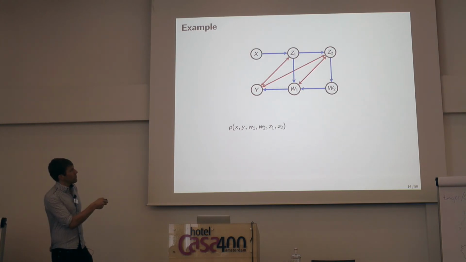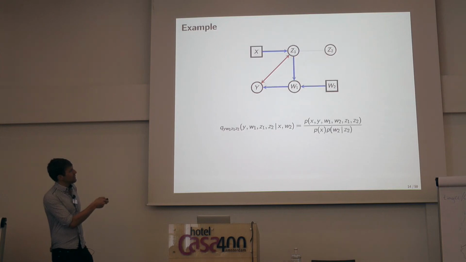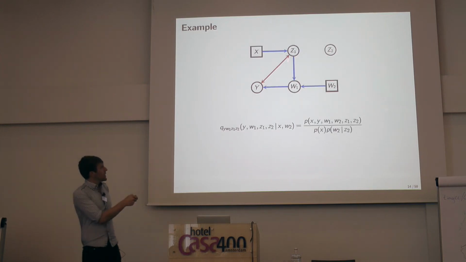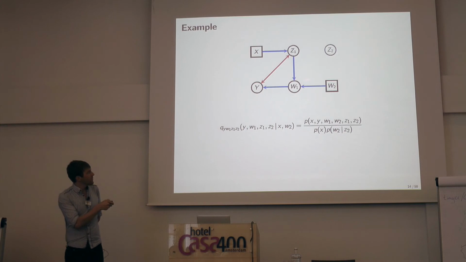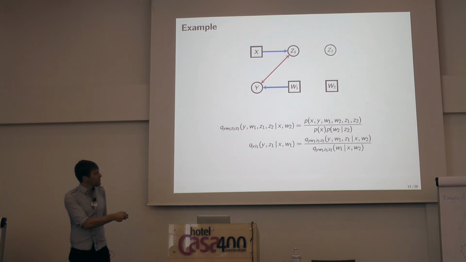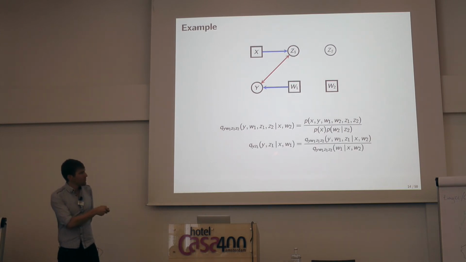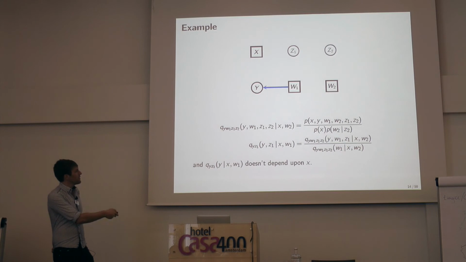Now, what I couldn't do before was to get rid of Z2, but now I can. So I grey it out, and then again I notice that I can get rid of this edge by restricting to this district, which again I couldn't do before. So I do another division, I get another reweighted distribution. Now I can get rid of Z1 because it doesn't have any children.